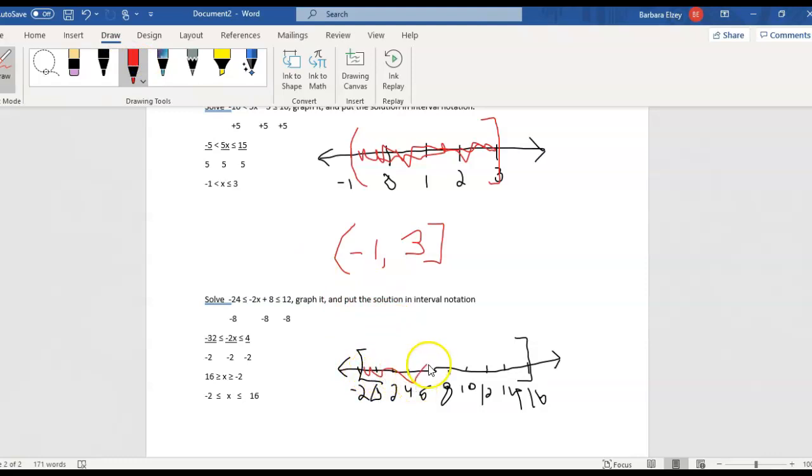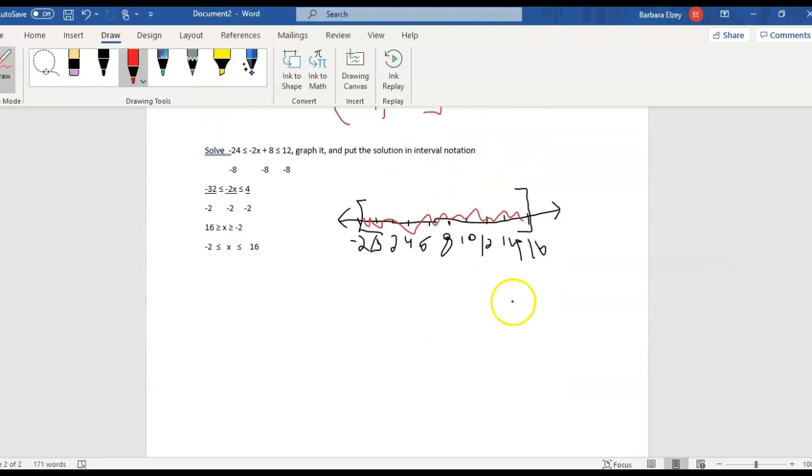In between will be the shading. All right, so now looking at that, interval notation will start at negative 2 with that square bracket, and it will end at 16 with the square bracket. And my 16 doesn't look great, but you get the idea there.